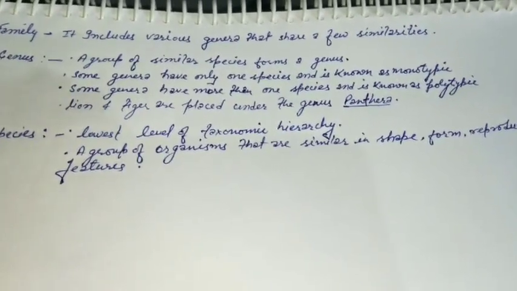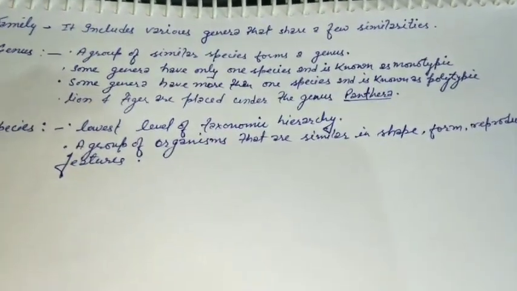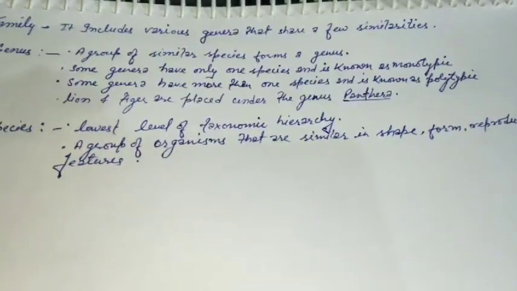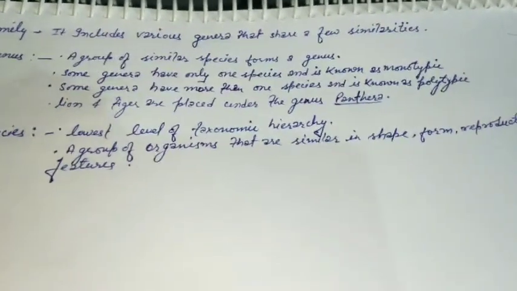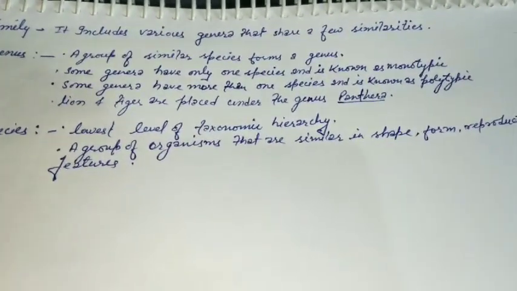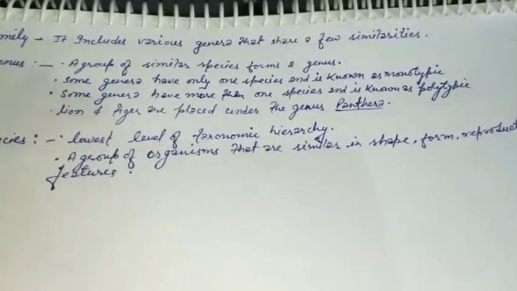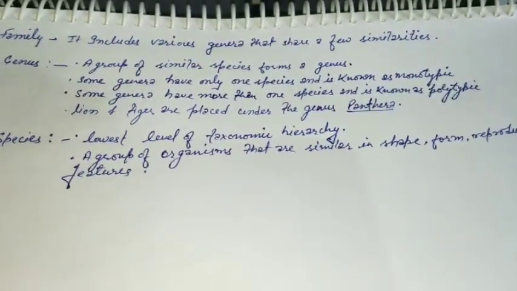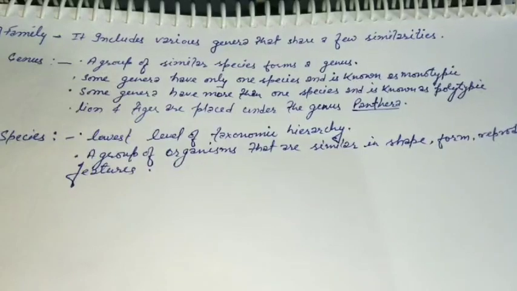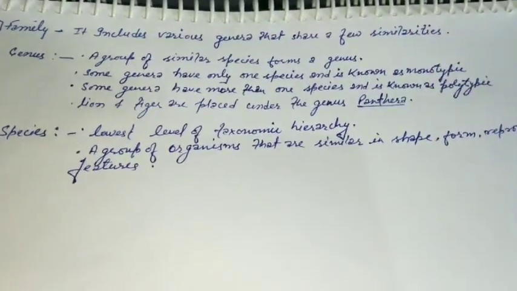It includes various genera that share a few similarities. For example, the genus Panthera, comprising lion, tiger, leopard, is put along with genus Felis, which includes cats, in the family Felidae.